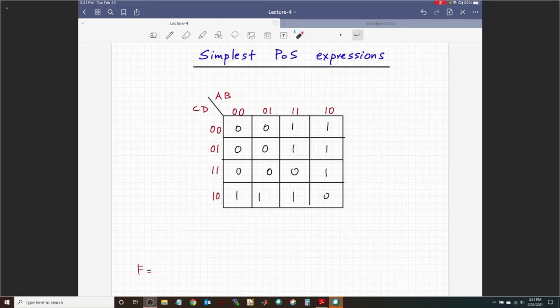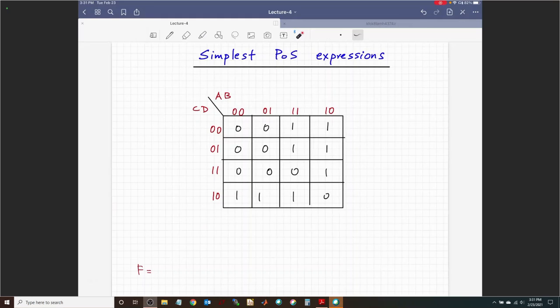You will be able to deal with that. So I have a 4 variable K-map that I've constructed. I have entered arbitrary ones and zeros in the K-map. There are no don't cares over here. Instead of combining the ones, I will be combining the zeros because I'm going for the simplest product of sum expressions.